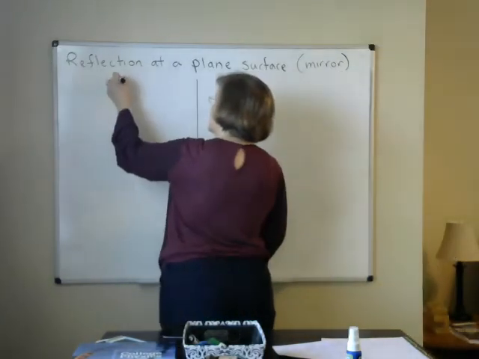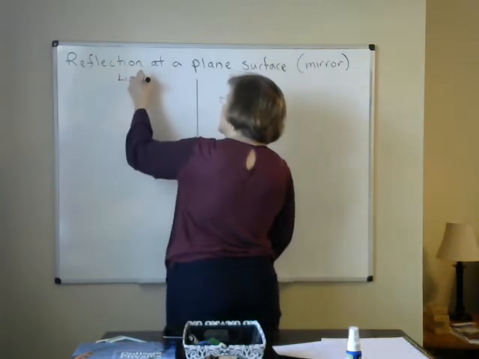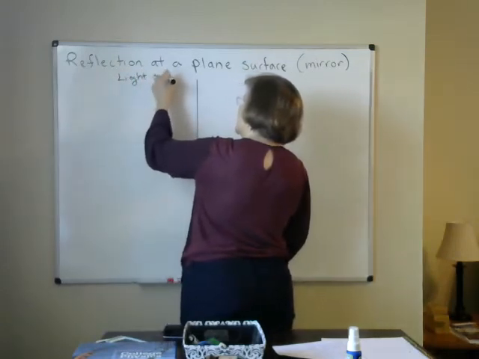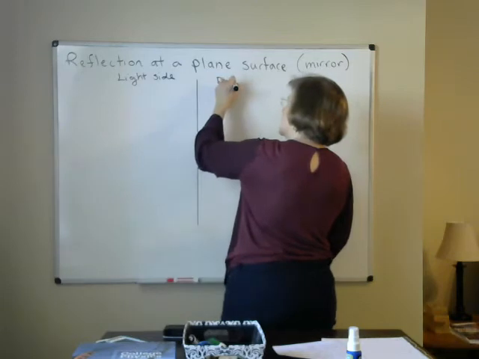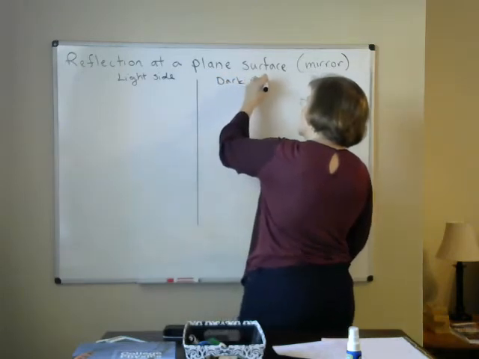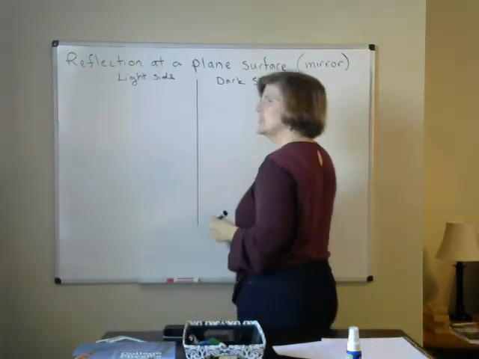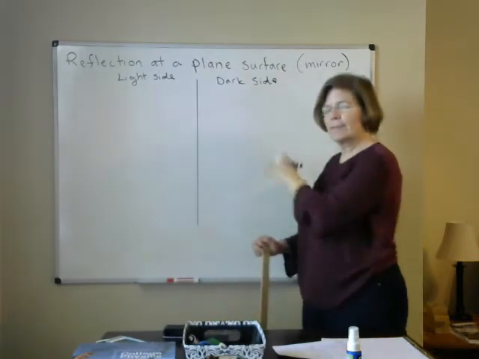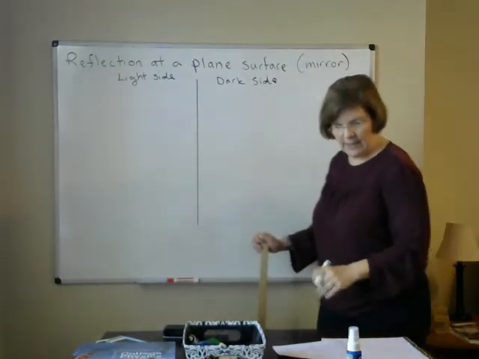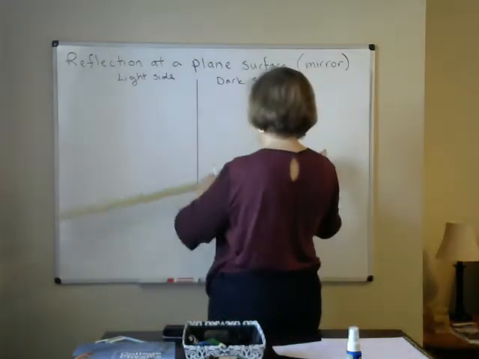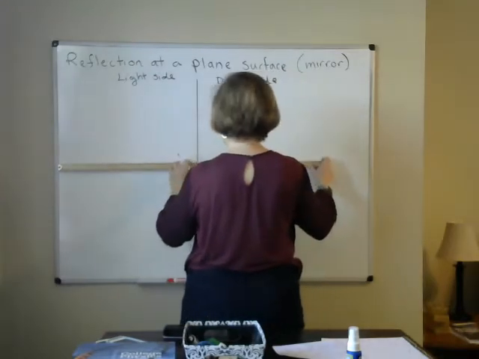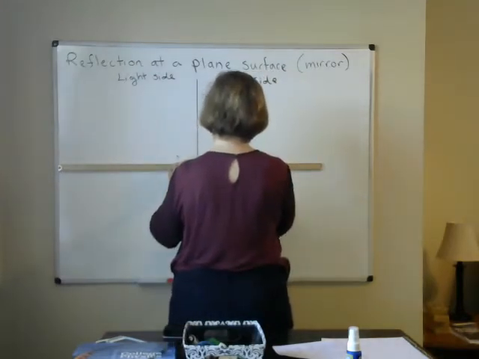We can think of this as being the light side, and this is the dark side. The dark side of the mirror is the part that's pressed up against the wall in your bathroom. We need to draw an axis perpendicular to this, so let's try that.